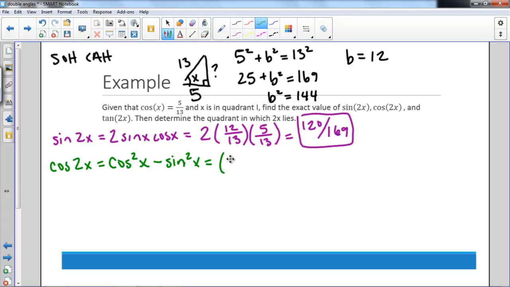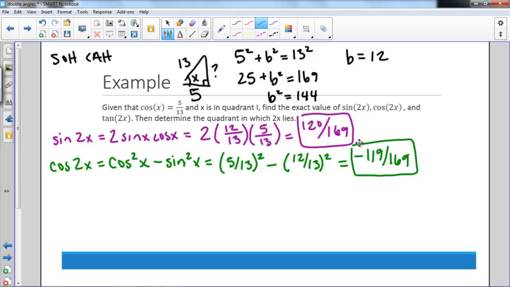Again, cosine x was given 5 over 13, quantity squared, minus sine of x, 12 over 13, quantity squared. Simplifying this, it's going to give us negative 119 over 169. And that's going to be the value for cosine of 2x.